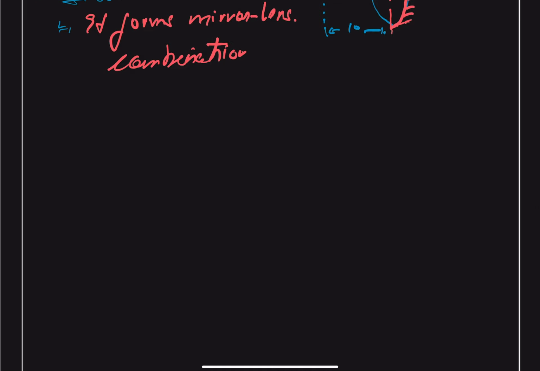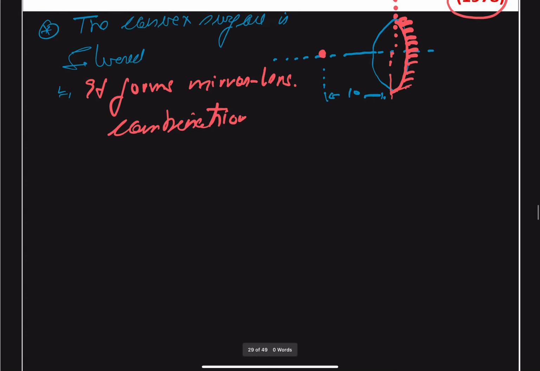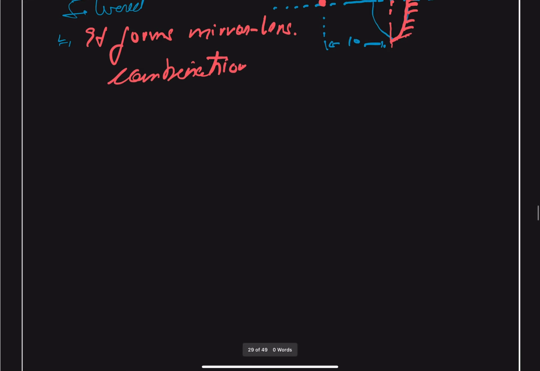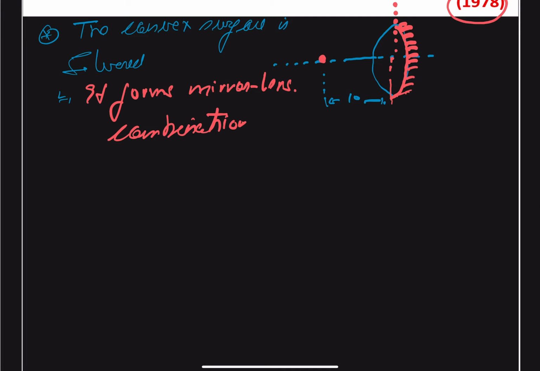And we have to find out the final position of the image, and from the mirror surface it is quite obvious that the image will be formed somewhere to the left of this entire figure. When the light comes from the object, it is going to pass through the lens, something like this, and then it will be reflected from the silvered surface, and it is going to pass again through the lens, and somewhere here it is going to give us the image.